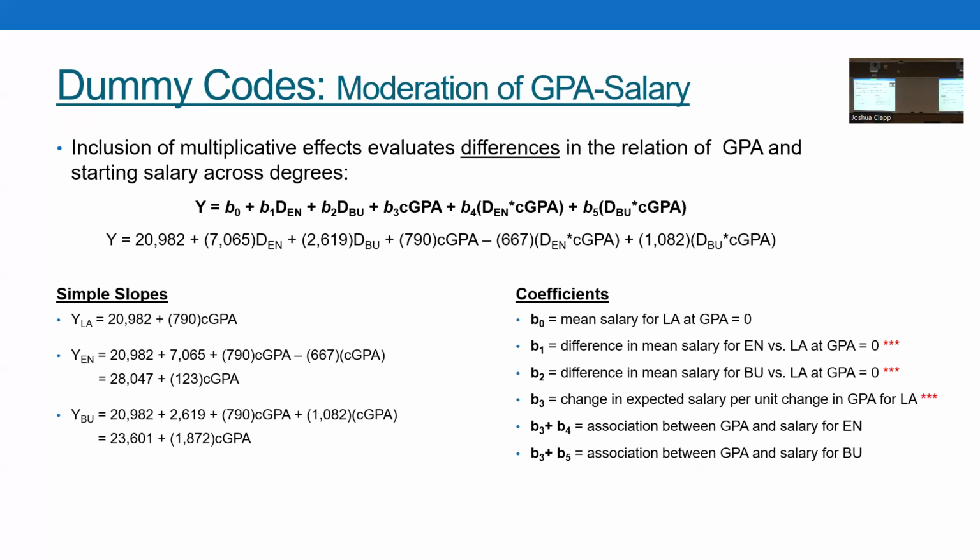Here's the expected change in salary per unit in GPA for liberal arts, right? And then coefficients B3 and B4 give me the simple slope for engineering. B3 and B5, the simple slope for business. Okay. Do people see how the math works on this?